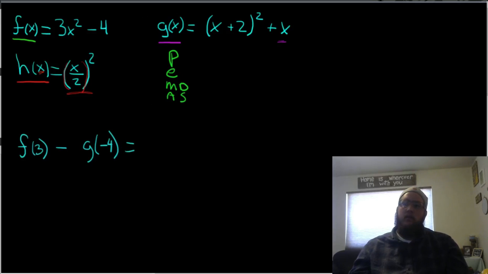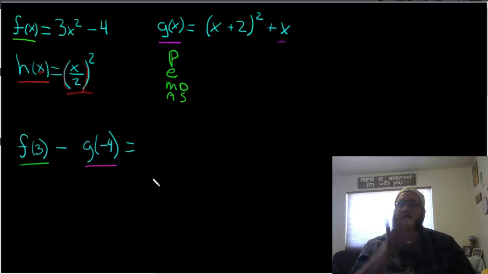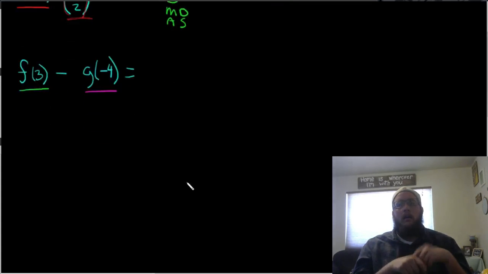So the first thing we're going to do is evaluate our functions individually and then just solve for them. The first thing we need to evaluate is f of 3. Well, our f function is 3x squared minus 4, and I'll do that down here.